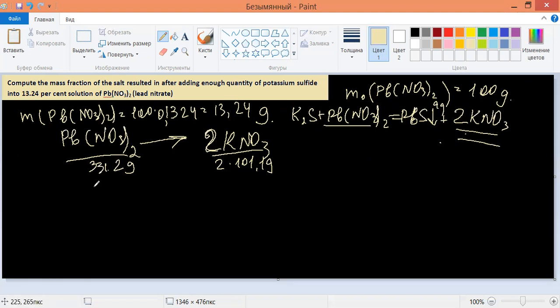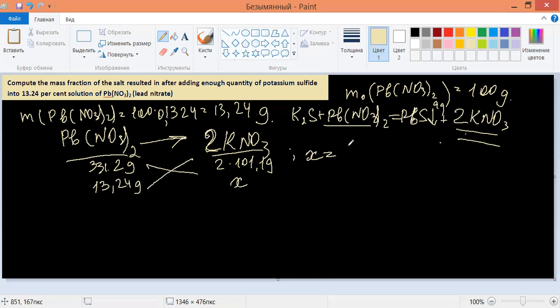And we know that 13.24 grams of that salt was initially present in the solution, right? And now we can calculate from this proportion the mass of potassium nitrate formed as a result of this reaction.